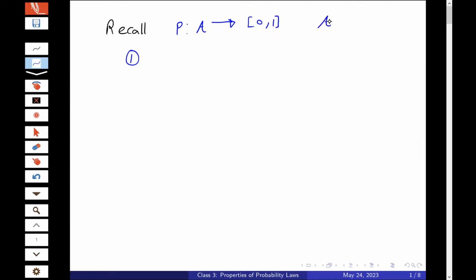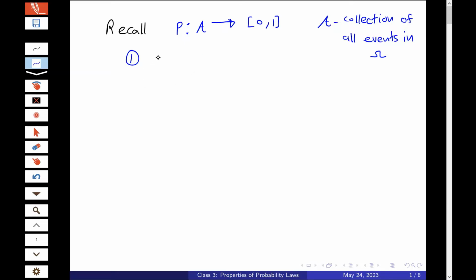Here this curly A is a collection of all events in omega. And with this sense, we talk about three laws about probability function. With these three laws, the function P becomes a probability function.